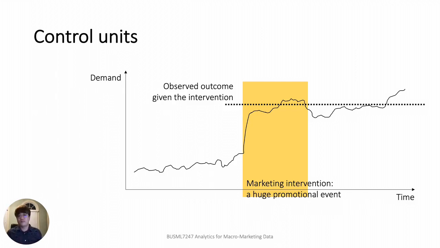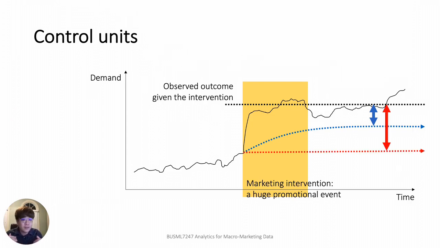Suppose that you are a marketing manager for this service, and you want to estimate the causal effect of the marketing intervention. Well, the problem is that the baseline demand for the service was steadily increasing. If the baseline demand was still increasing regardless of the marketing intervention, like this blue curve, the effect of the intervention on the demand would be not as big as observed.